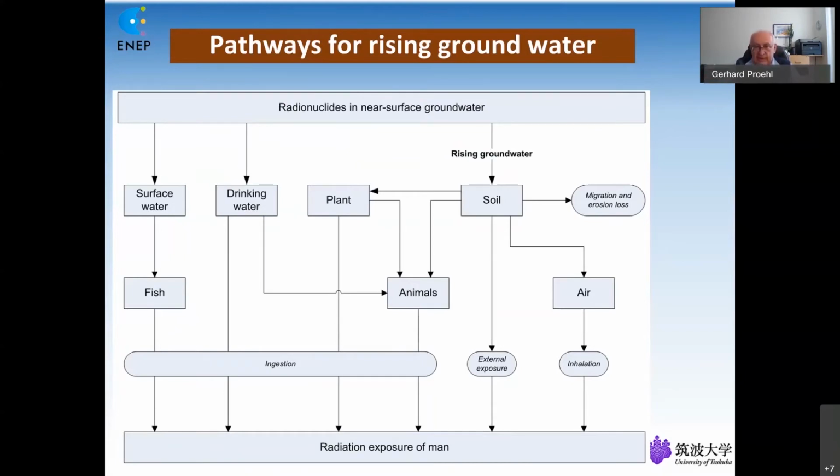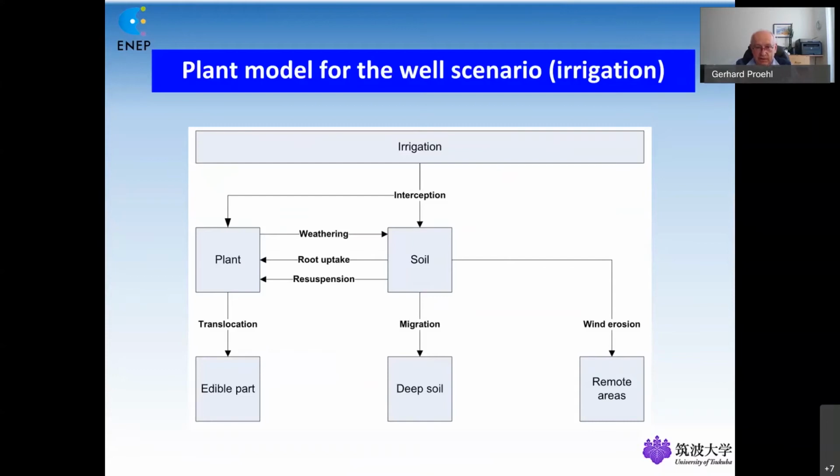The key element of that is the plant models. Here is a plant model for irrigation. We have from irrigation contamination of soil. Part of the irrigation water is intercepted by plant. Activity is lost from plant by weathering, but we have also a contamination in the other direction via root uptake and translocation and resuspension.